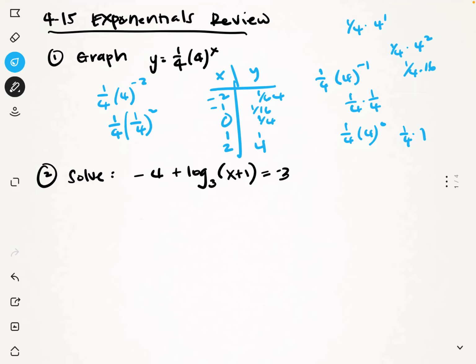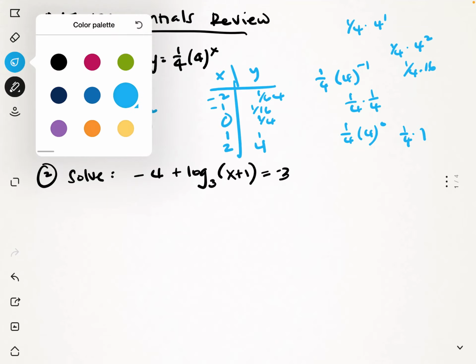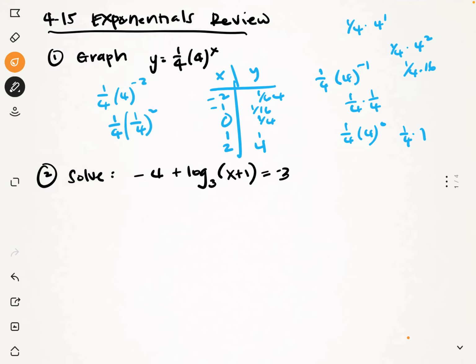Okay, on to solving. So we need to remember that we can convert between logarithms and exponentials. So let's write this down. We know that, let's say we have log base 3 of 9 is 2. Okay, we can convert this.